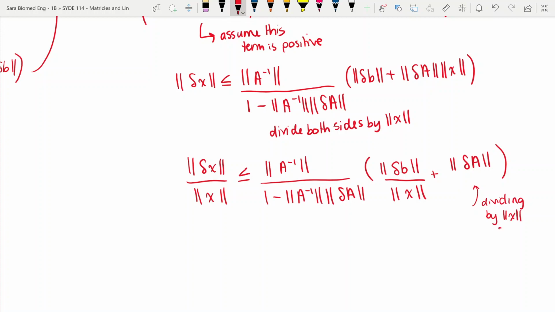So apparently we need a norm of A somewhere here, right? That's the thing that's missing.